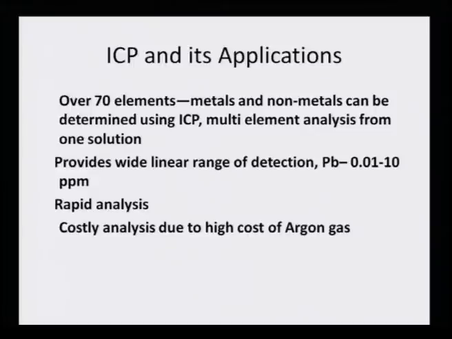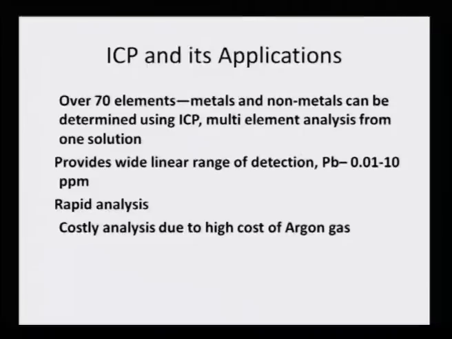ICP and its application. Over 70 elements, metals and non-metals, can be determined using ICP, multi-element analysis from one solution. So, you see that here is a machine which can do miracles. One can just take one solution and analyze 70 elements in one go, whereas in atomic absorption one had to analyze one by one.